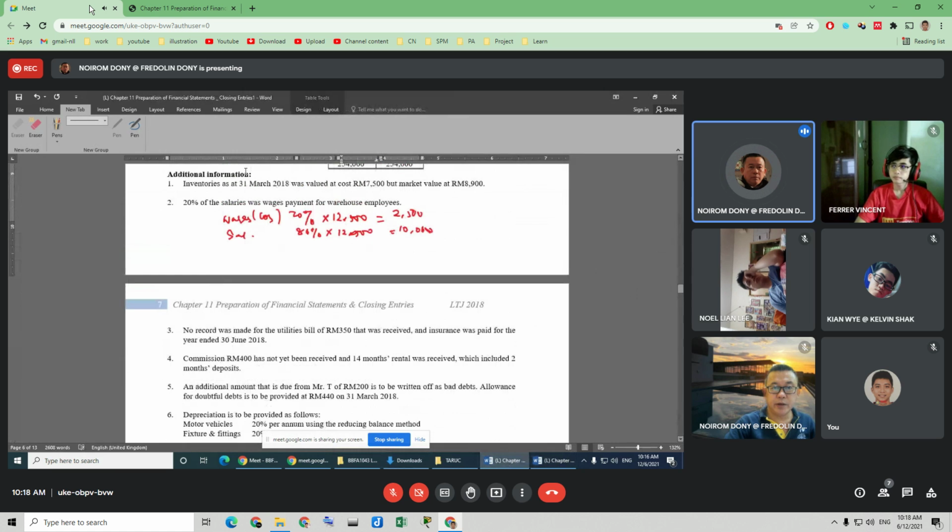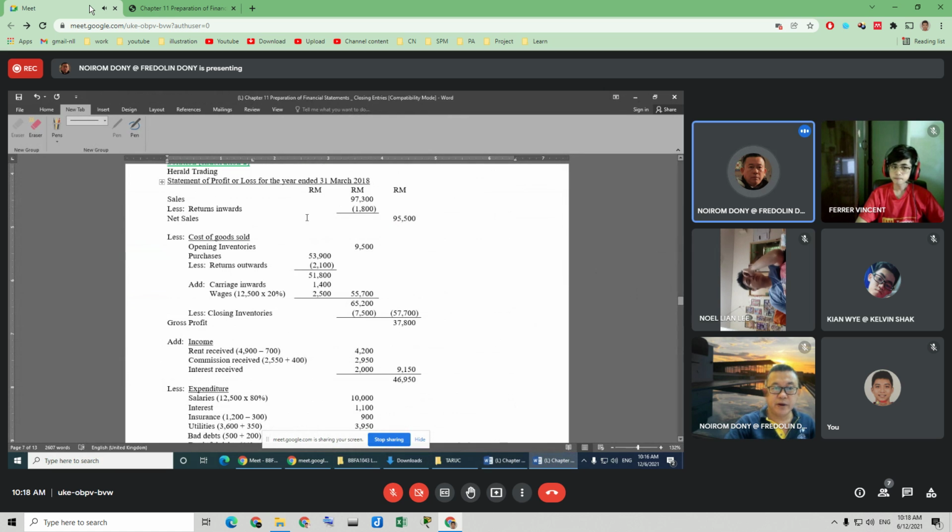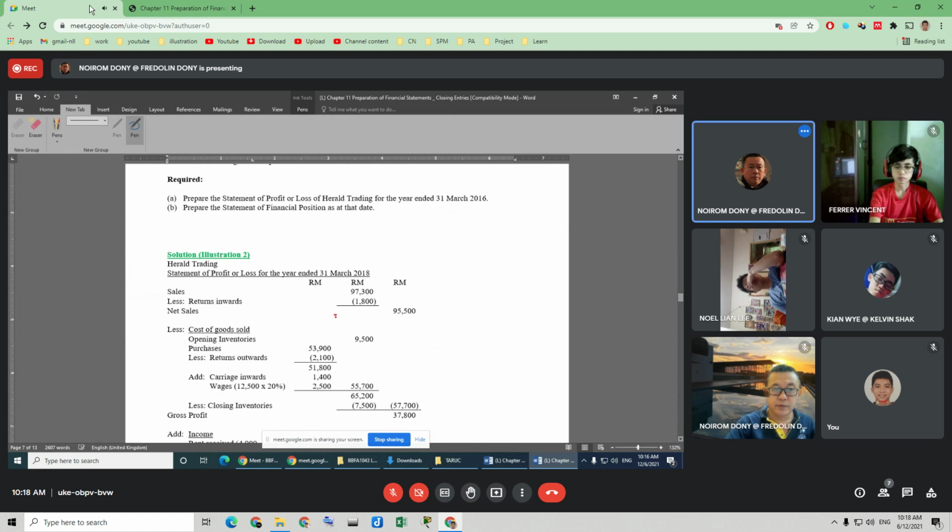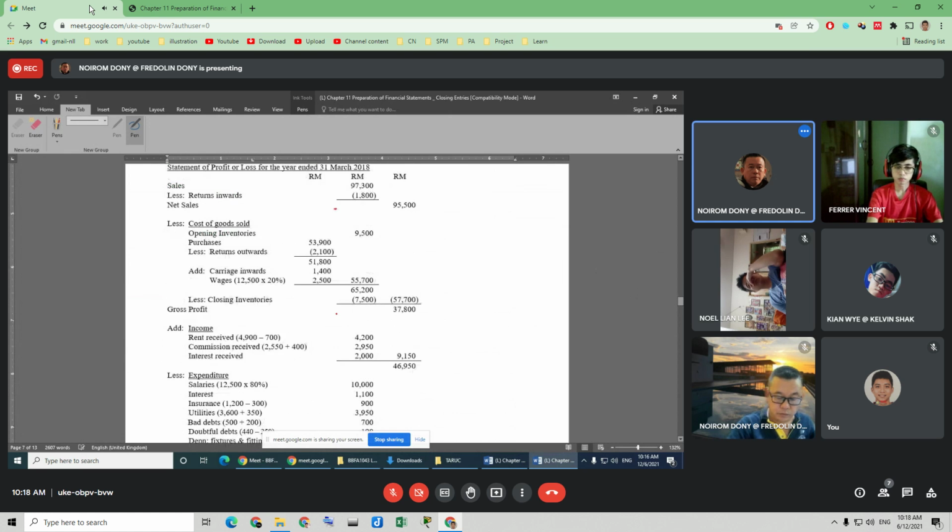Now, just now, inventory. When I do the recording, when I provide inventory here, 7,500, this is actually crediting, but because of this symbol, less, we present it under debit, but then we change the symbol to less.